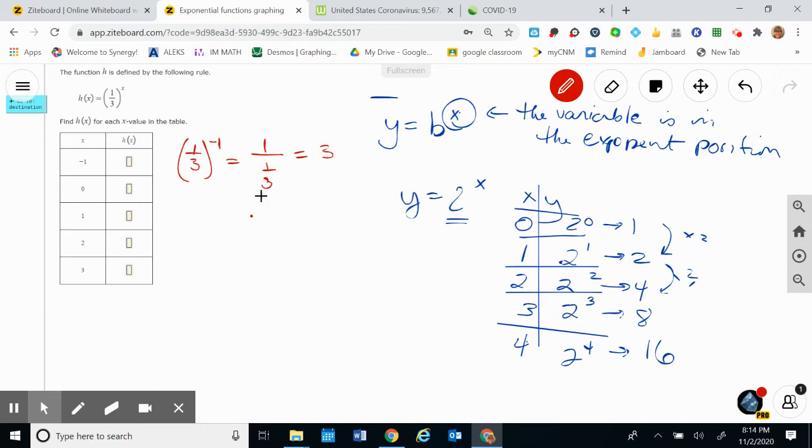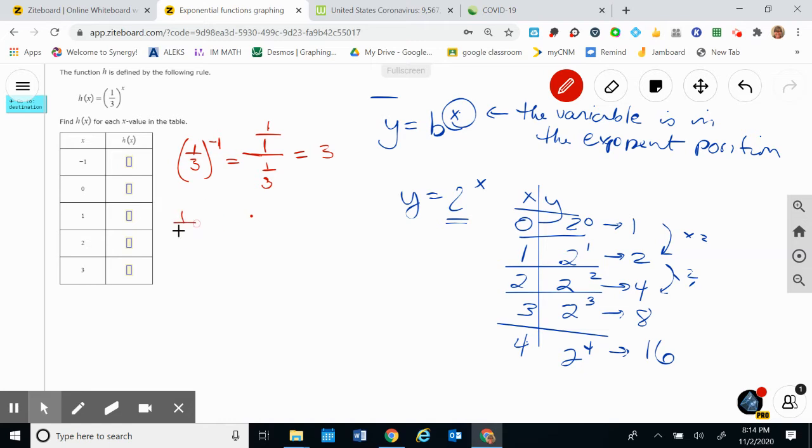So it becomes 3. Because to divide fractions, I could change 1 to a fraction and multiply by the reciprocal. Hope you remember your fraction work.